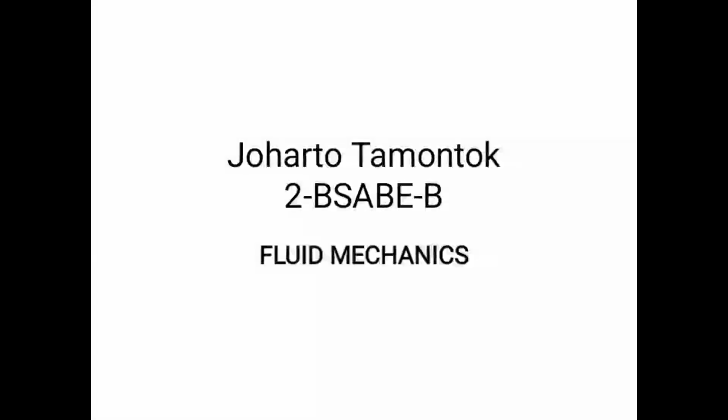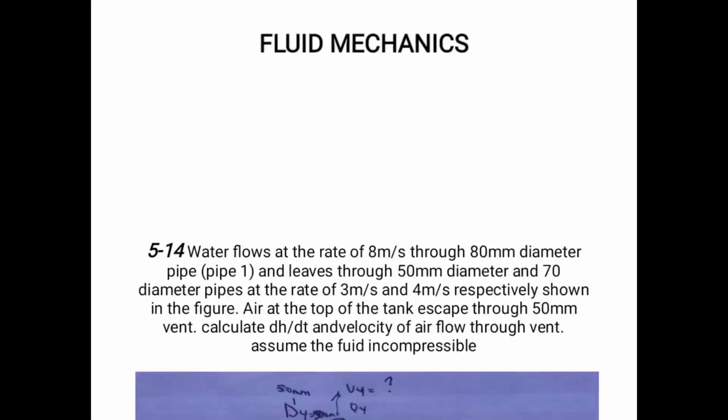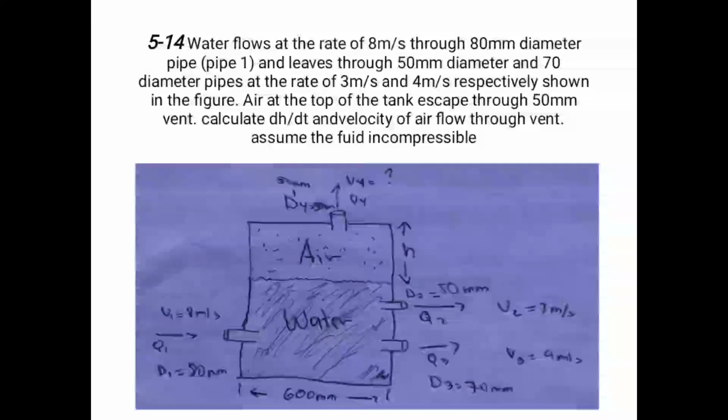So, our problem came from the book Lasagna, and I chose problem 5-14. The problem is: water flows at the rate of 8 meters per second through an 80 mm diameter pipe and leaves through 50 mm diameter and 70 mm diameter pipes at the rate of 3 meters per second and 4 meters per second, respectively, as shown in the figure.